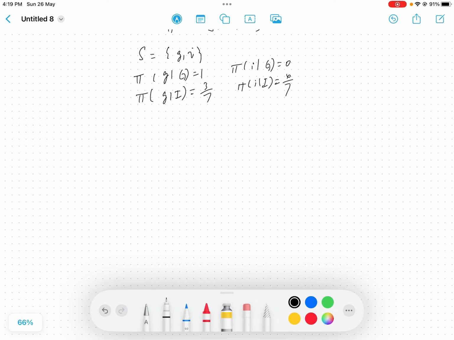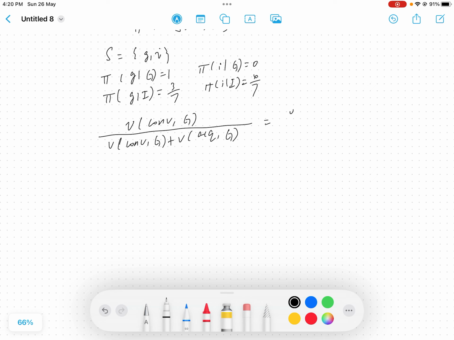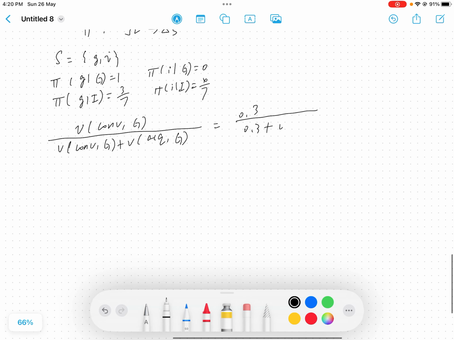How do we do that? We just use V of convict G and divide it by the unconditional probability of those outcomes, actually: V of convict G plus V of acquit G. So this is nothing but 0.3 over 0.3 plus 0.